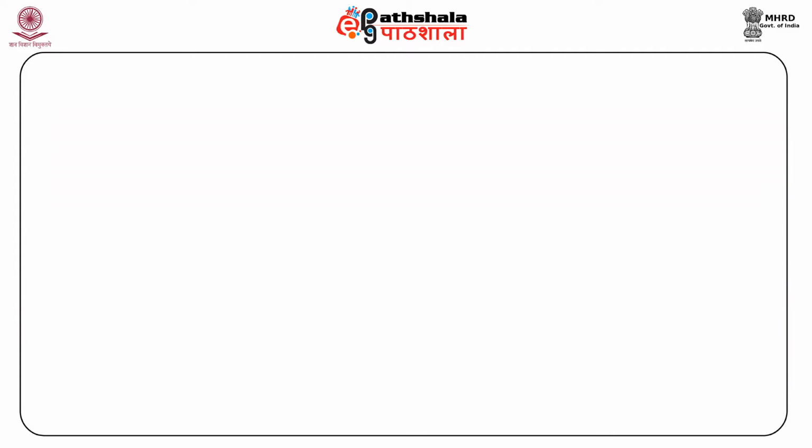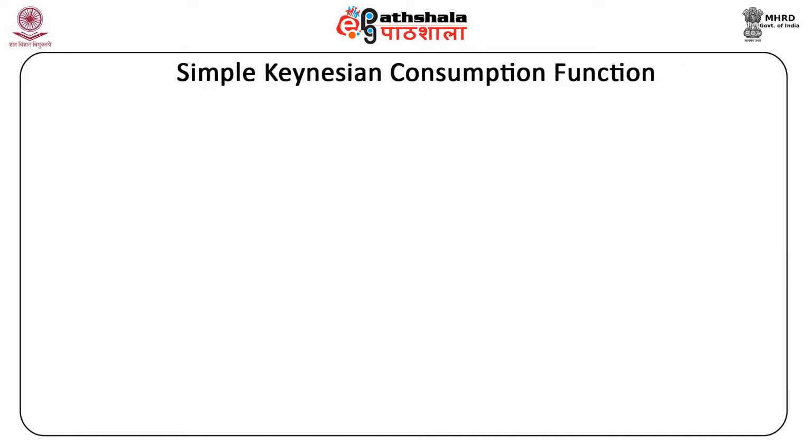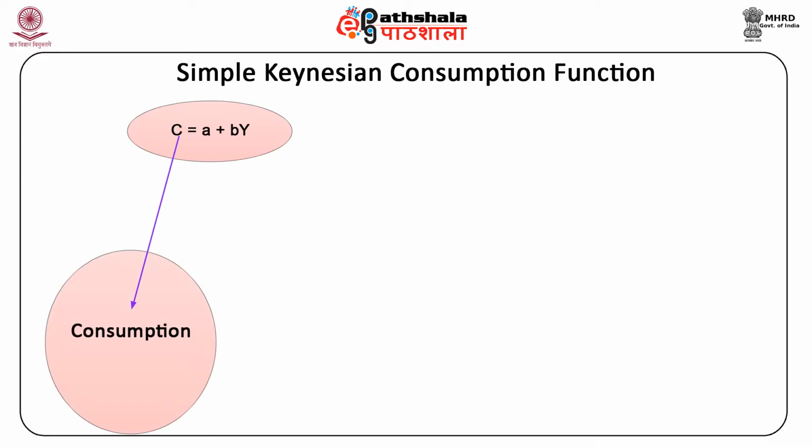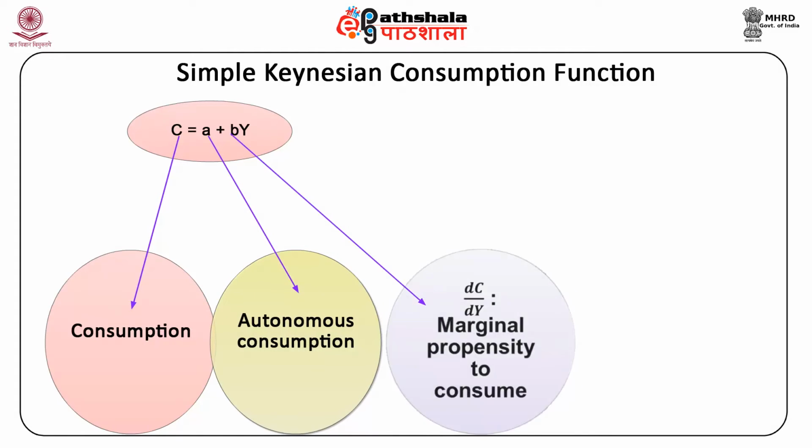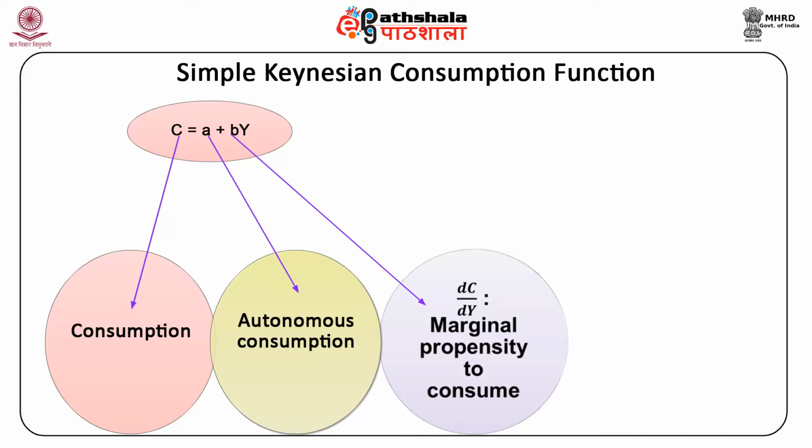The consumption function in the simple Keynesian model is defined by the following equation. C equals A plus BY, where C represents consumption, A is the autonomous consumption, B equals delta C by delta Y, which is also known as the marginal propensity to consume, and Y stands for income.